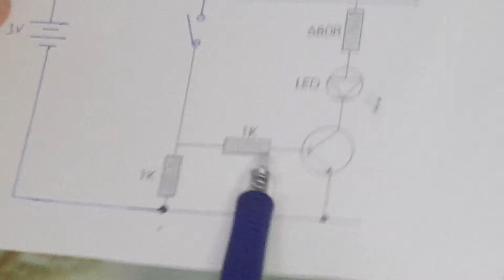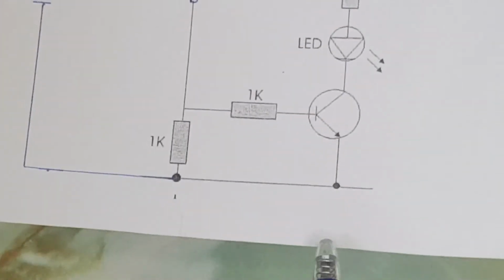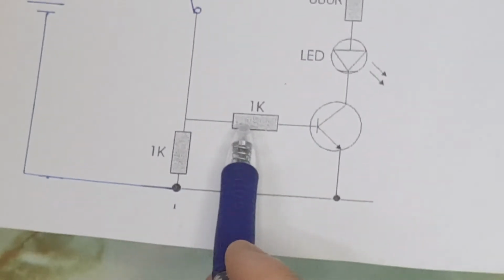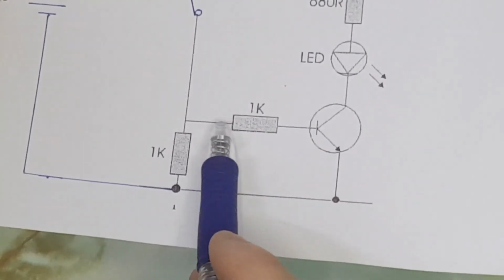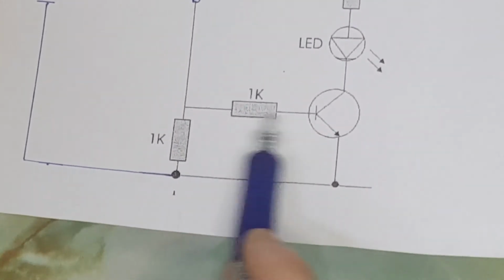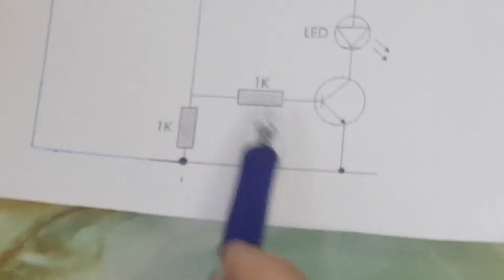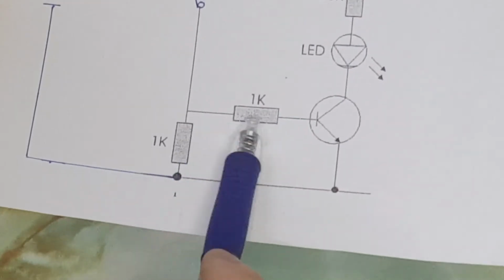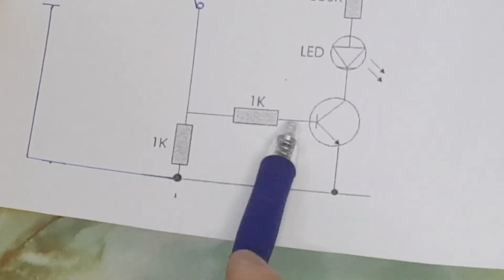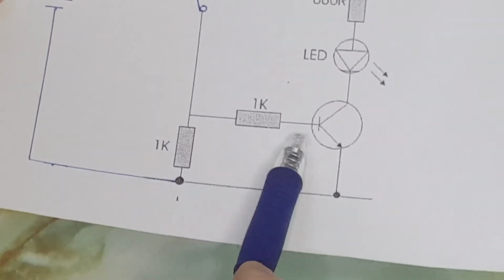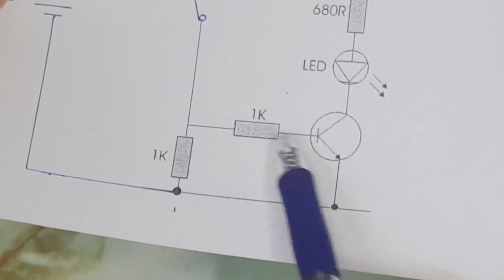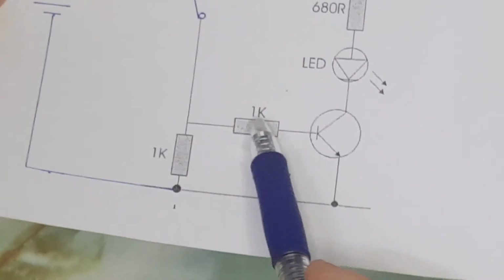So obviously in your previous lessons you already learned that fixed value resistors of different resistance values, depending on the value, will limit the amount of current flowing through. In short, the higher the resistance value, the lesser the current will be able to flow through the fixed value resistor. So in this case, 1 kilo ohm by and large is not a very high value resistor.